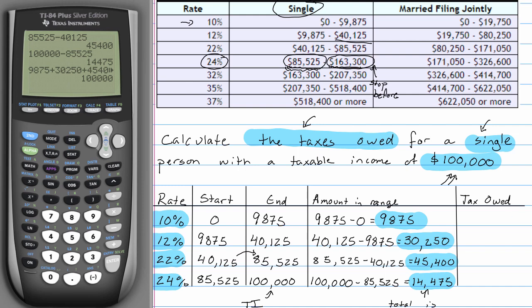So the 9,875 is taxed at 10%. Now I'm just going to convert my percents to decimals in my head. If you'd rather, you can do that on the calculator too by doing the division.